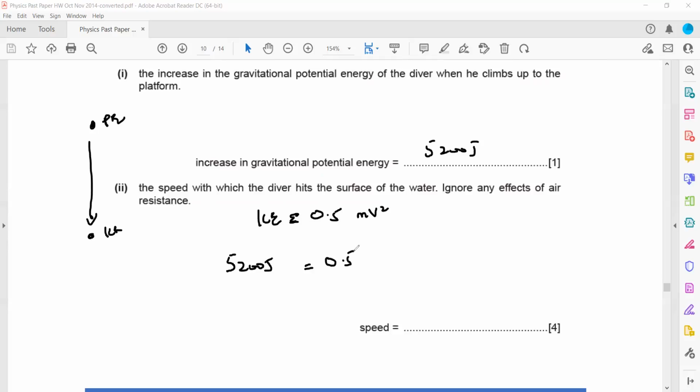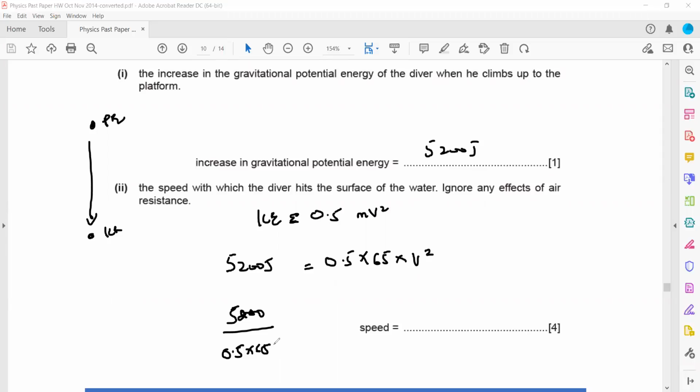Then 0.5, m is the mass of the diver, which is given at the beginning of the question, which was 65. So mass is 65 multiplied by v square. So we simplify this: 5200 divided by 0.5 into 65, since that is multiplied, the other side will be divided.